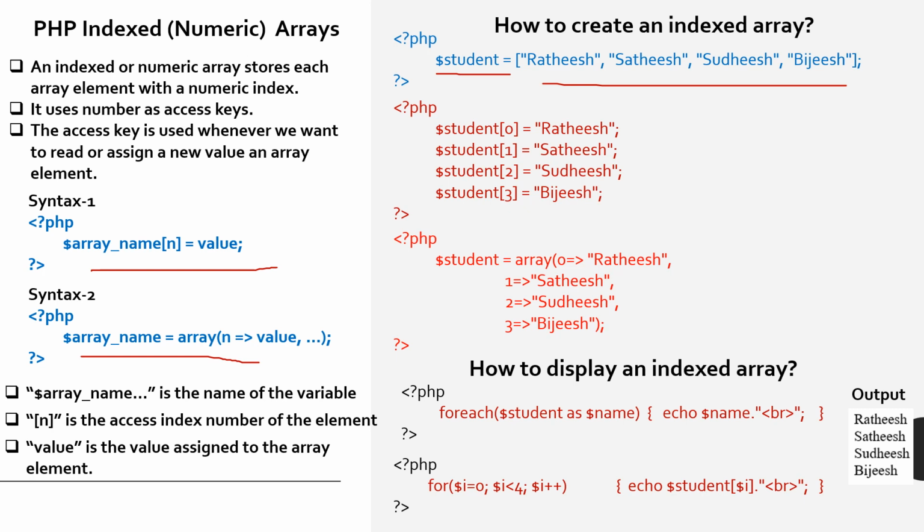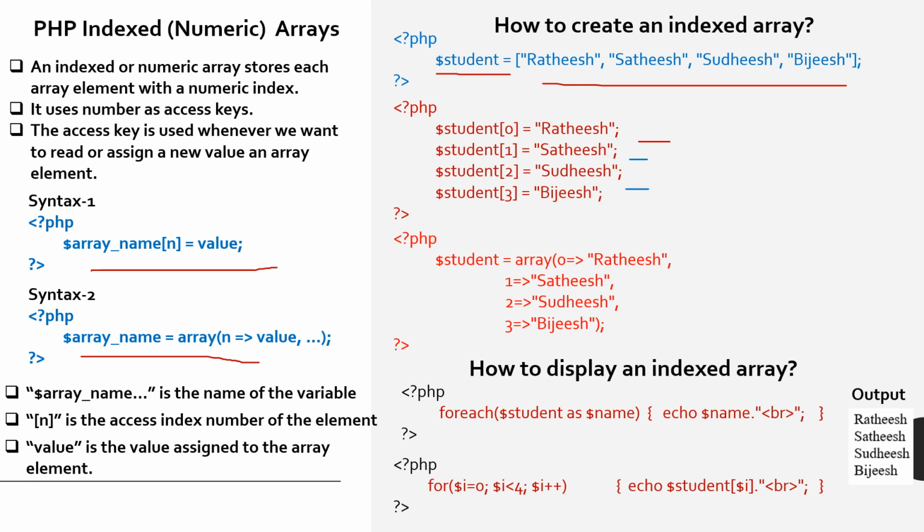For example, student of 0 is equal to this particular value. Then student of 1 means this index. This way we can assign one by one. The index starts from 0: first element, second element, like that.